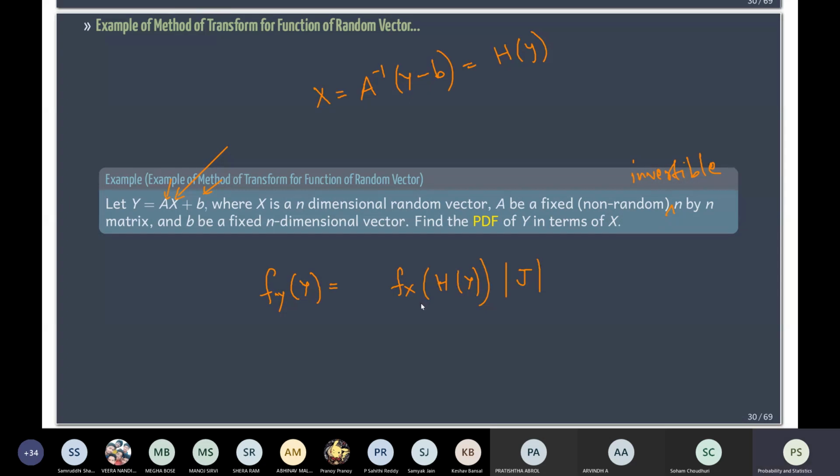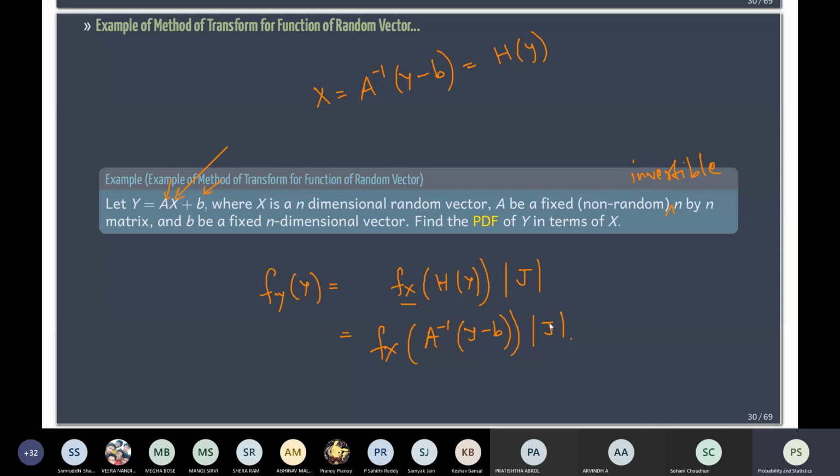We are not given anything about X, so we have to just keep f_X as f_X only. And h(y) we know is A inverse (y minus b), and then the Jacobian. So we have to take the derivative of h with respect to y.